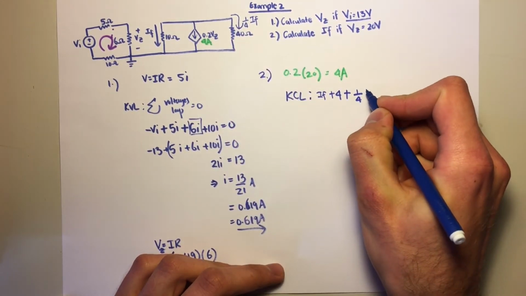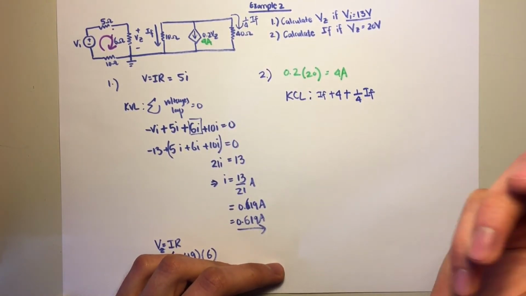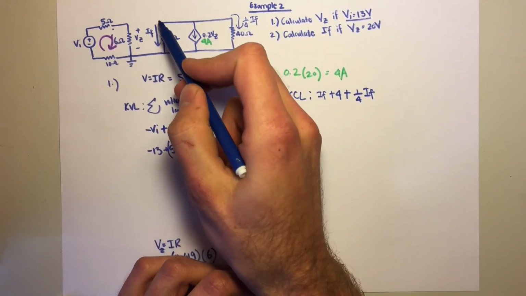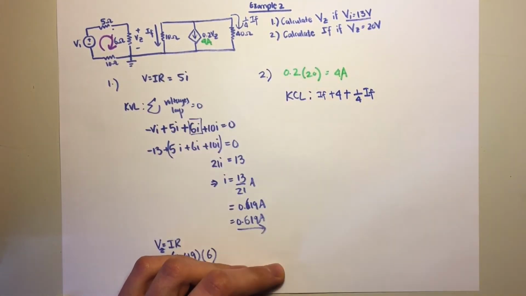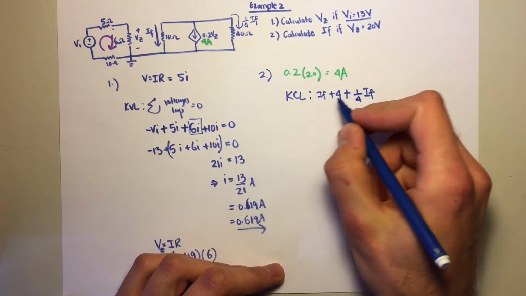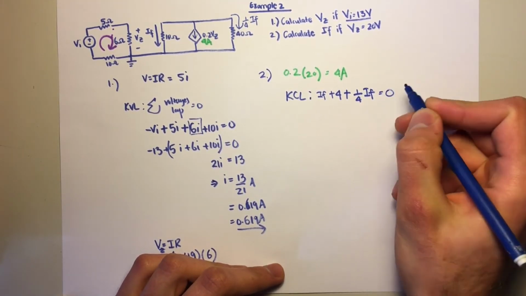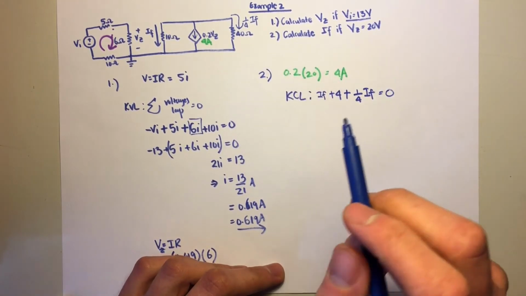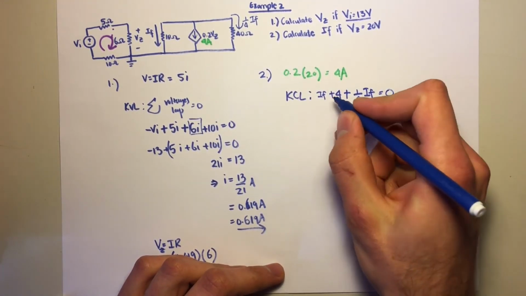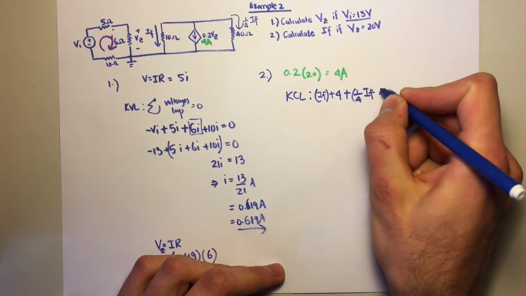We're using this node because we want to solve for IF, and doing anything here is not going to help us solve for IF. So we're just going to use this part of the circuit since they are virtually independent. The sum of all the currents into and out of this node is equal to 0.